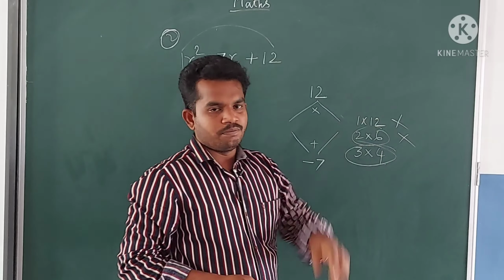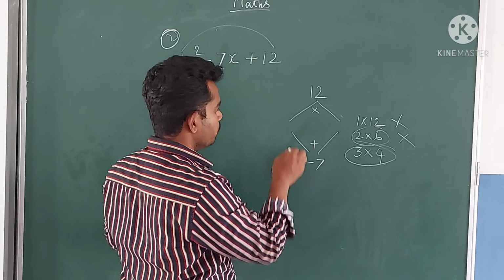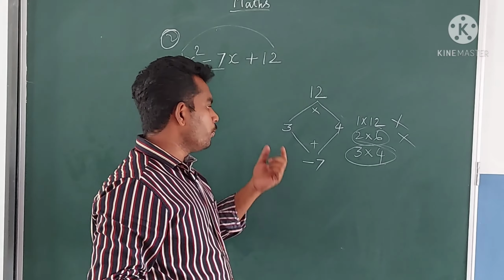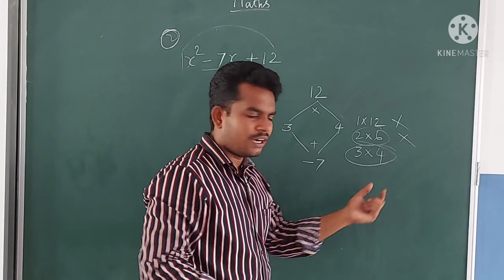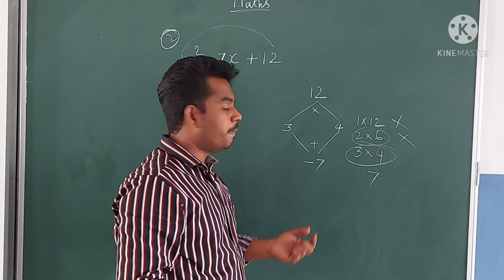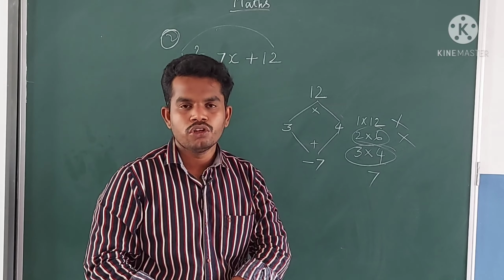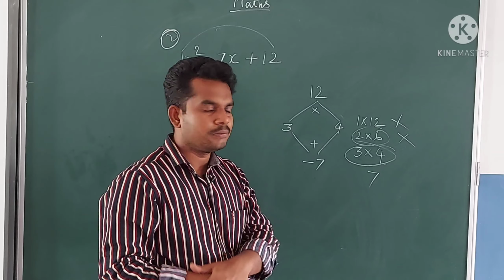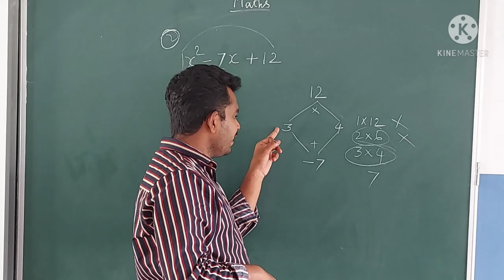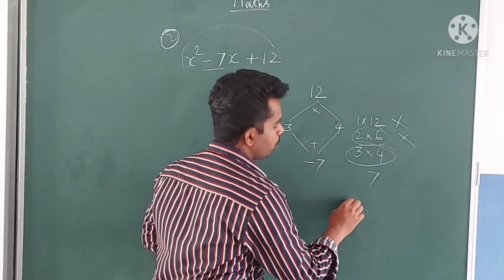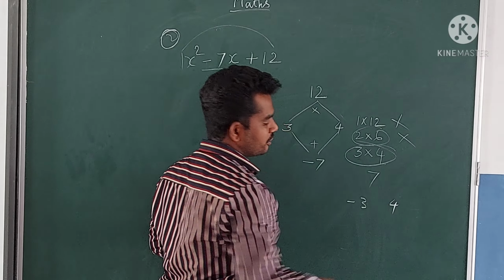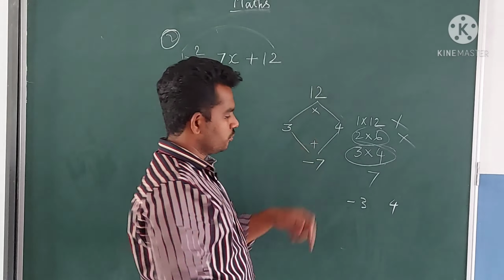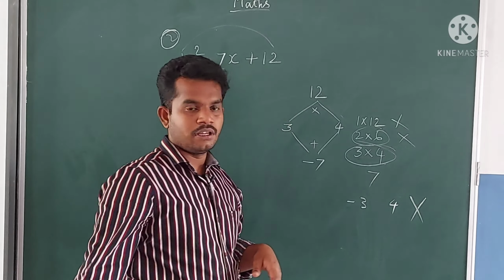3 into 4. But 3 plus 4 is only 7, and we want minus 7. So what adjustment is there? If you put minus 3 and plus 4, you will get minus 12, so omitted.